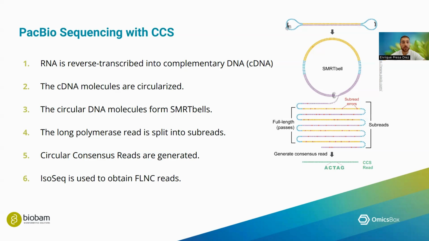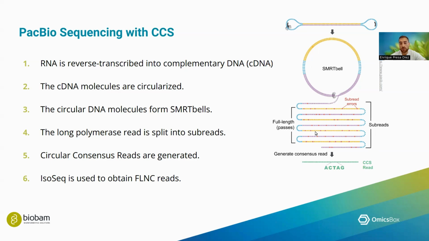I want to summarize a bit how PacBio sequencing for transcriptomics works, in case anyone needs to remember it. First of all, the RNA is reverse transcribed into cDNA, and then it is circularized thanks to these primers, and then the SMRTbell structure is formed. Then the polymerase reads this SMRTbell and generates the so-called subreads.